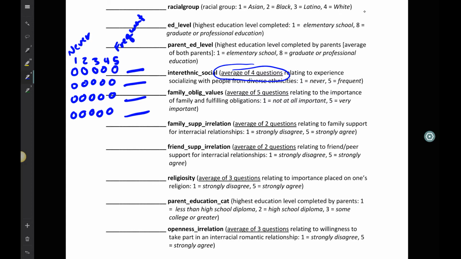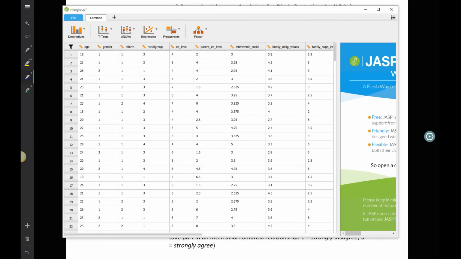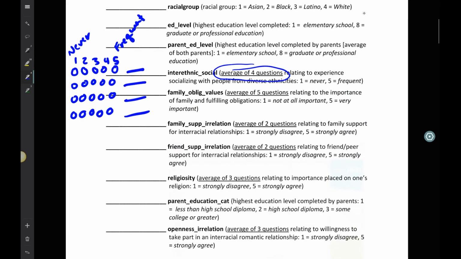So that means this interethnic social that we see in our data set just here, 3, 3.25, 2.75, 3, 2.625, and so on, those are the averages of the 4 question responses, right? Because these are 4 numbers. So when you see this average of something questions, that means that they're taking several different numbers, right?